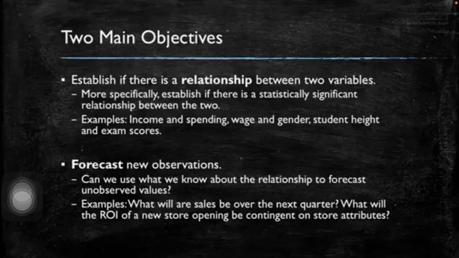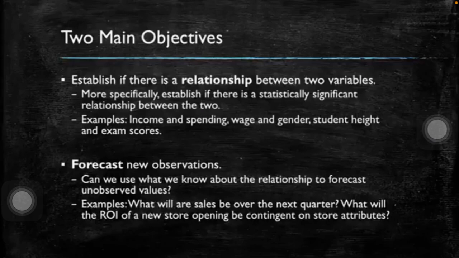Here we have the second objective: forecasting new observations. Can we use what we know about the relationship to forecast an unobserved value? What does that mean? If I am going to build some business, or sell something, I don't know what output we get, whether it is productive or I get a loss, or things like that.